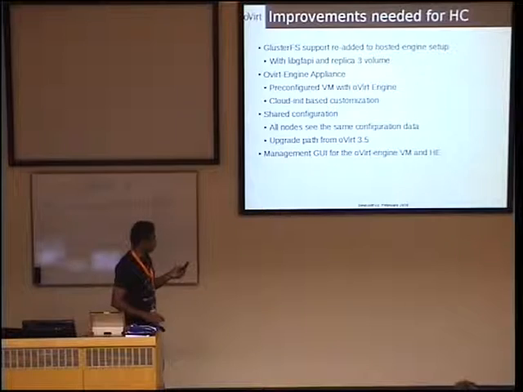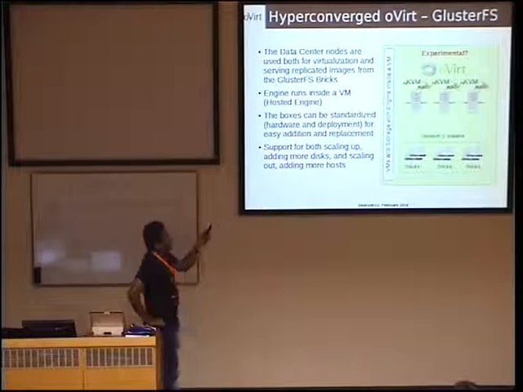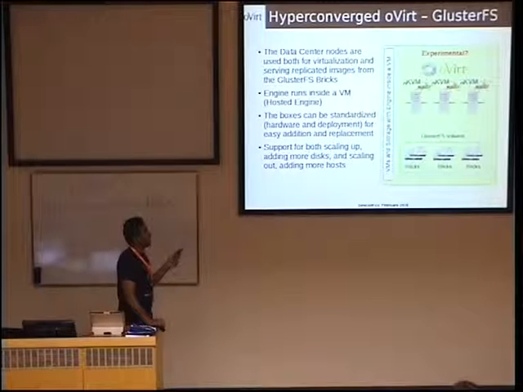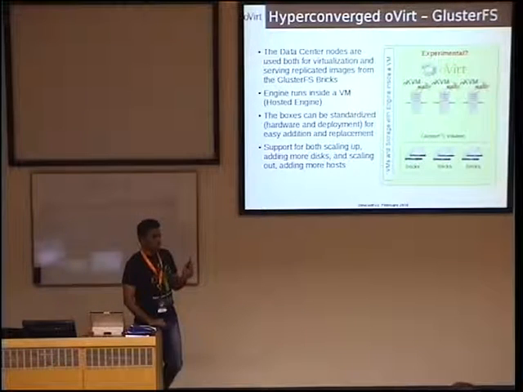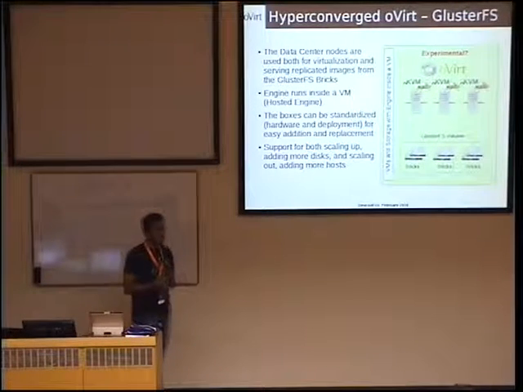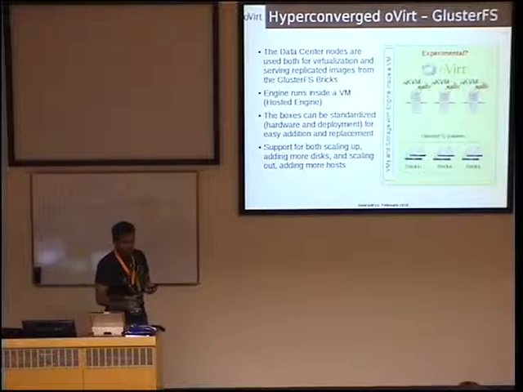And one more enhancement is the shared configuration. Previously, though there are three hosts, and the hosted engine VM can run on any host, the configuration about the hosted engine VM was stored separately in all these 3 hosts. So if you want to make any changes, you have to edit the same config file in all the hosts to make a change to the hosted engine VM.